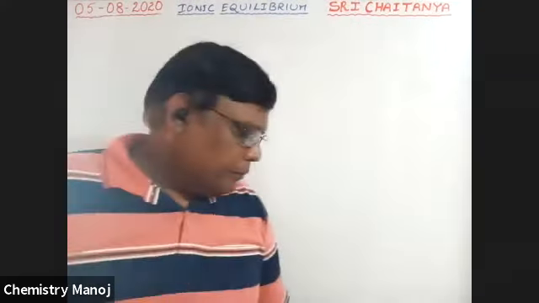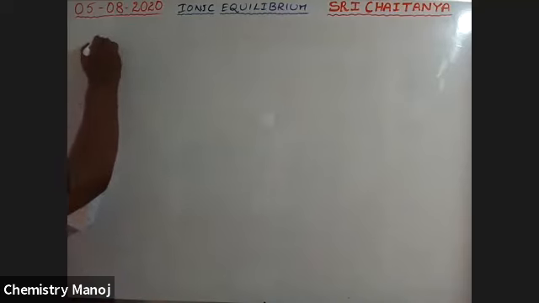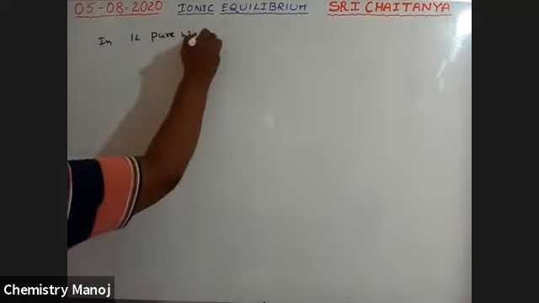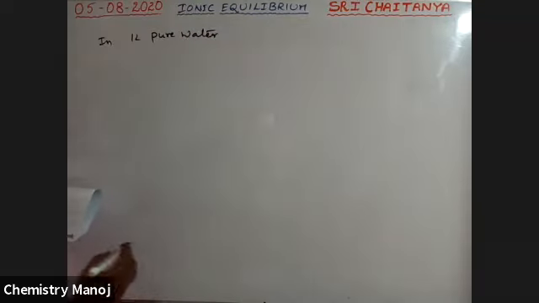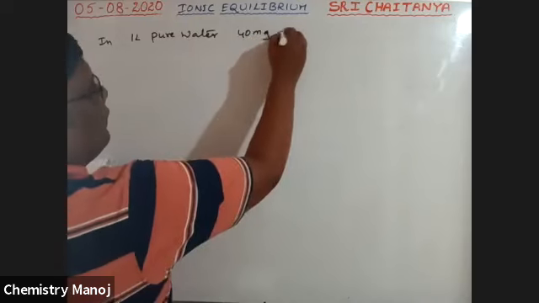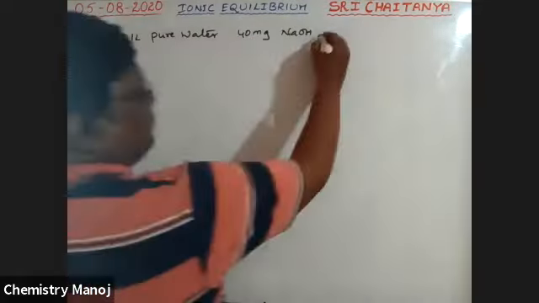Next problem, Andy. In 1 liter pure water, 40 milligrams NaOH is added.